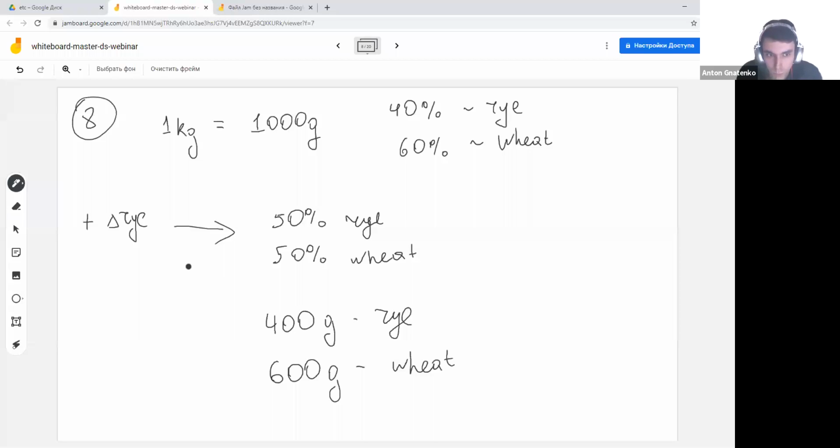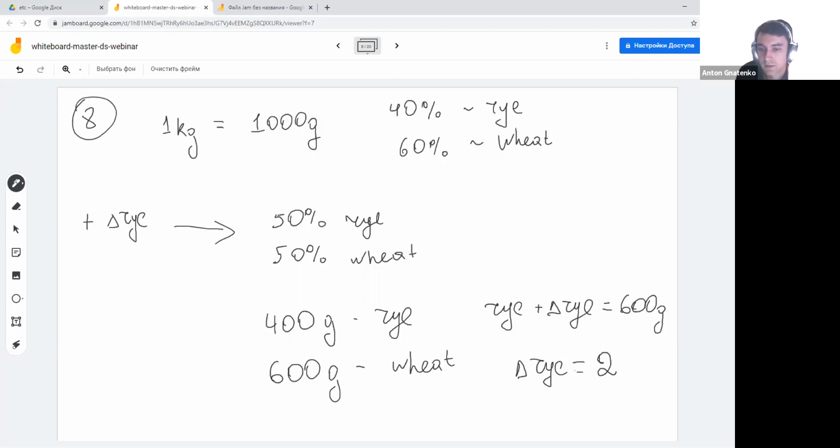So when we add some rye, we want the existing rye plus some additional rye to be equal to the amount of wheat, so we want it to be 600 grams. We have 400 rye, and we need to obtain 600. So what we need to add is 200 grams. And we just write this number 200 in the answer, nothing more.